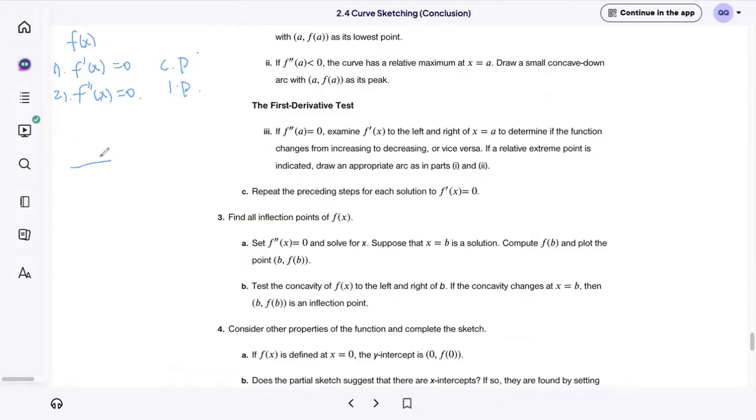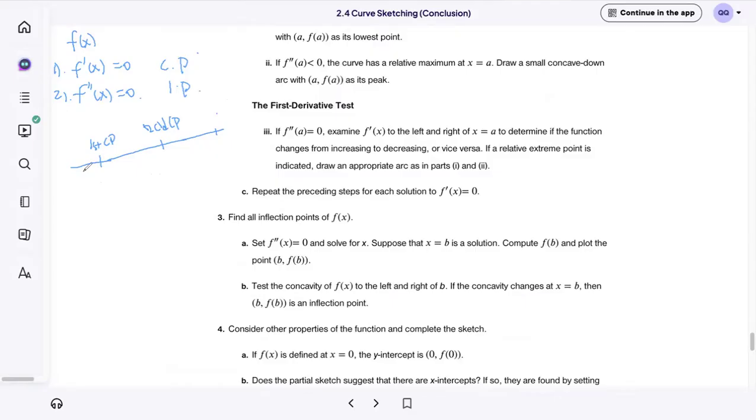We will have intervals. So the first critical point, second critical point, maybe you have more for higher degree. Then that divides into intervals.